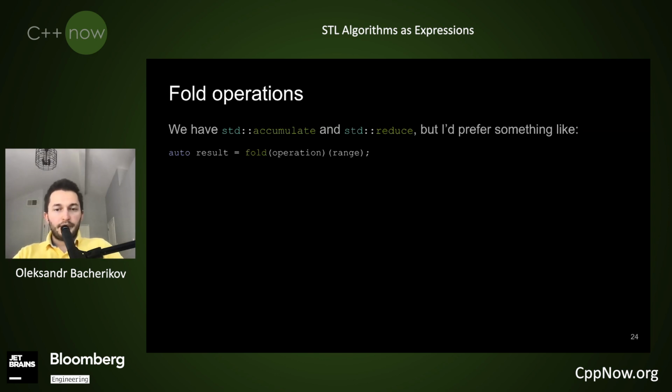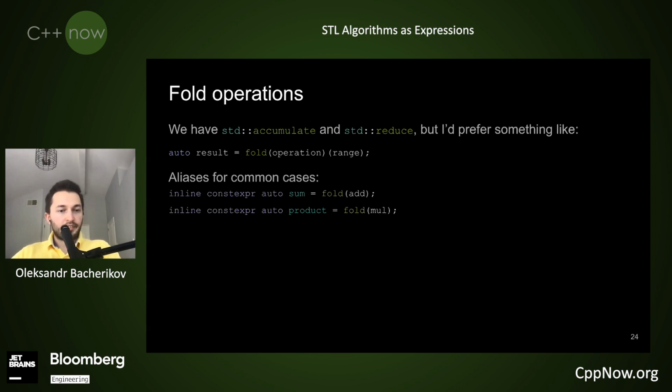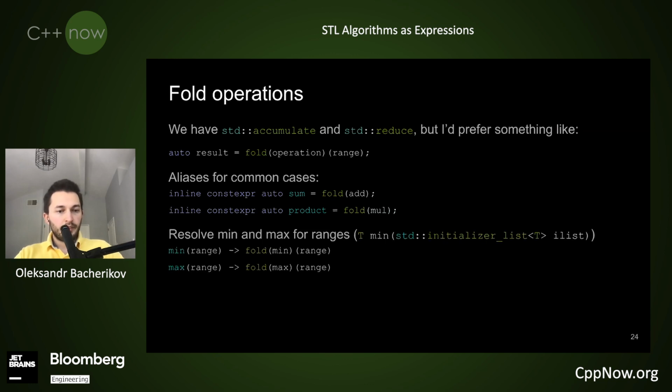But I'd really prefer to have a syntax something like this, where the idea is to have fold as an operation that takes another operation as an argument. In this case, we could write aliases for common cases, such as sum is the fold over addition and product is the fold over multiplication. We could also resolve min and max for ranges into fold over min and max respectively. And this is consistent with the overload of std min for initializer list that we already have in the standard.